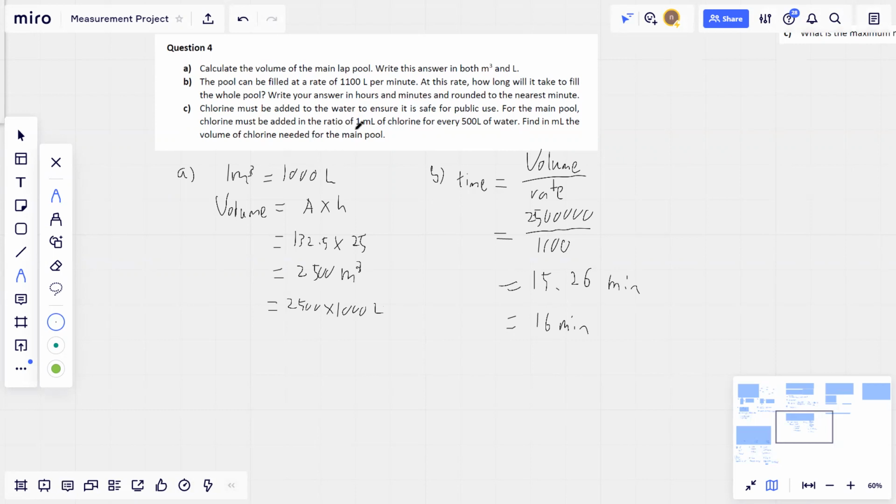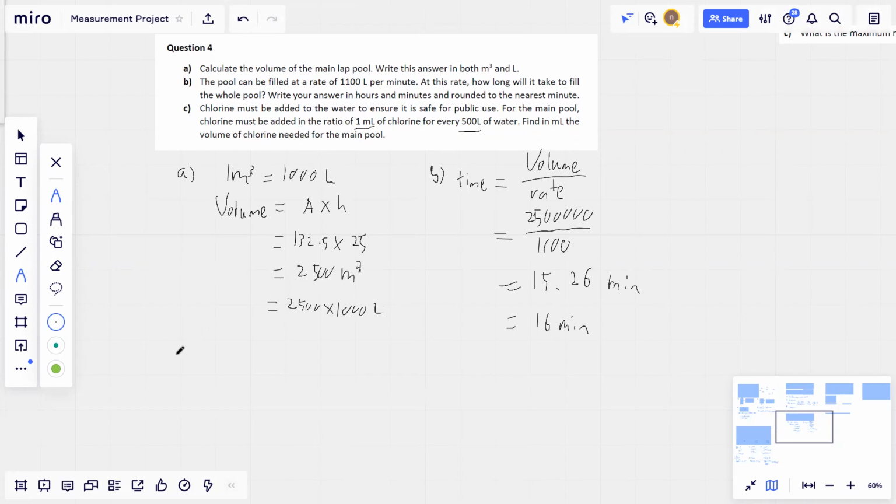For every 500 liters of water, we need to add 1 milliliter. So we need to find how many milliliters of chlorine are needed for the main pool. Because it's 1 milliliter for every 500 liters, we can just find how many 500 liters we have.